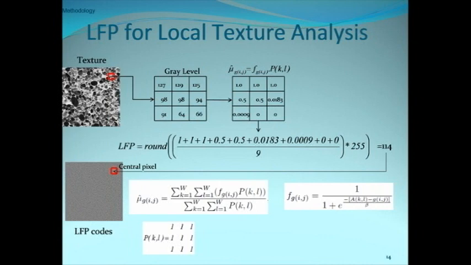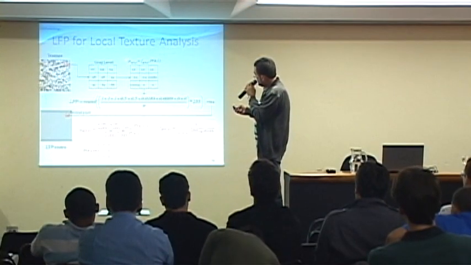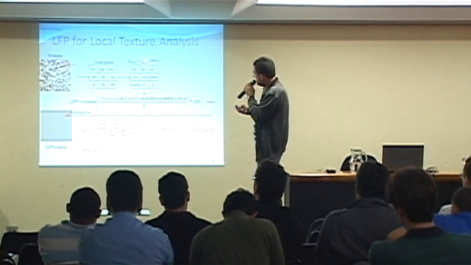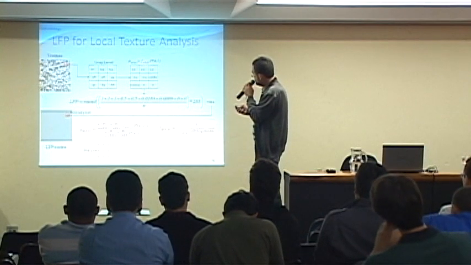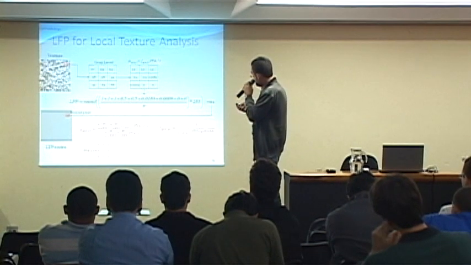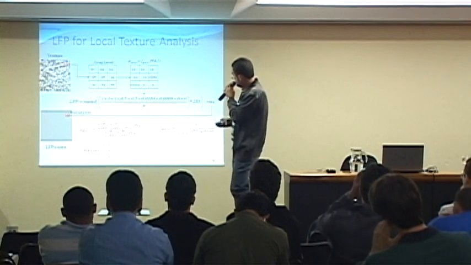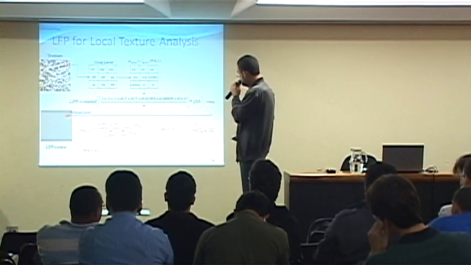For example, if you take a texture and a region, a neighborhood of gray levels, the membership degree is the summation of the membership function multiplied by the weighting matrix.